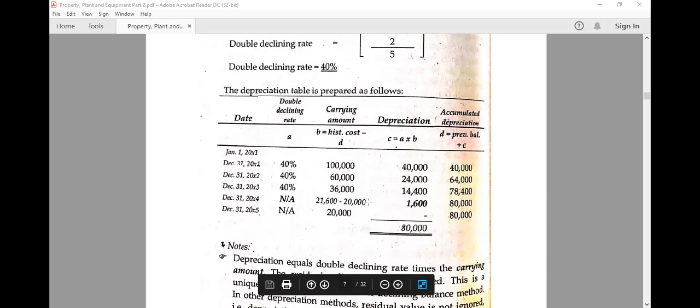Therefore, the depreciation expense of our 3rd year should be 1,600 only in order to make our ending balance or carrying amount 20,000. So the target is 20,000 and we have a balance of 21,600.